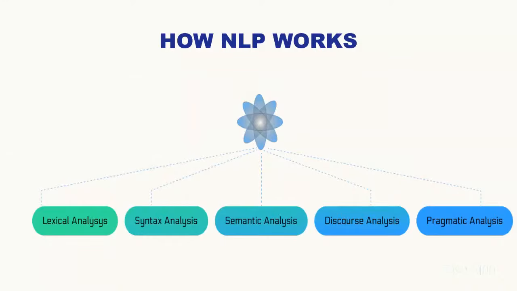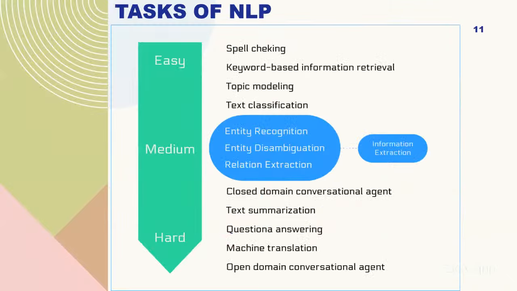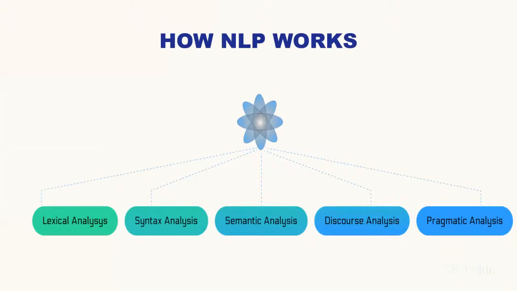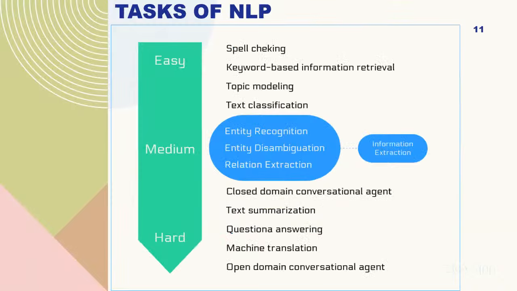Under that we have lexical analysis, syntax analysis, semantic analysis, discourse analysis and pragmatic analysis. These are all the analyses we do inside NLP to make it work in a better way, as the customer or the consumer is giving the input.